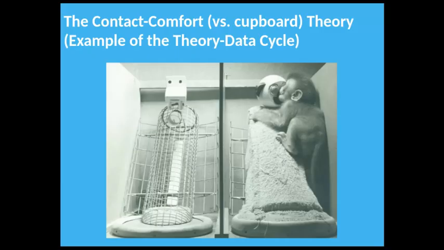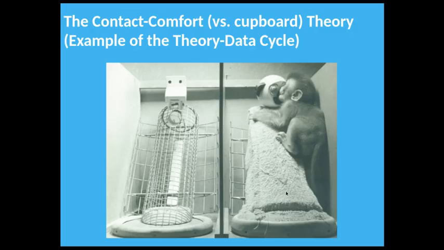So what we see here in this picture, on the left, is a wire, quote-unquote, monkey, a mama, that has a cylinder right here where you can see milk for the babies could be given out. On the right, you see a monkey that has more of an actual primate monkey face and doesn't look so much like a robot.